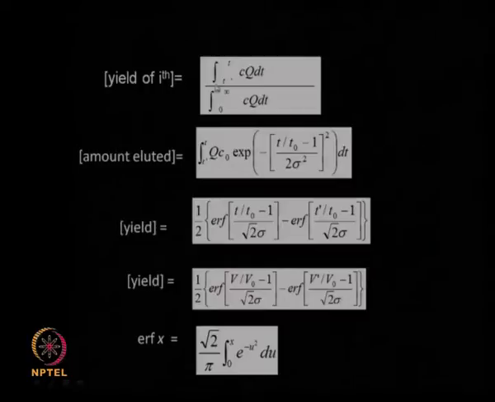So for the amount eluted, if we substitute for C, I will substitute it as C0 e power minus (T/T0 − 1)² by 2σ² dt.